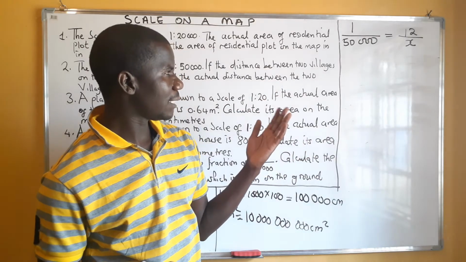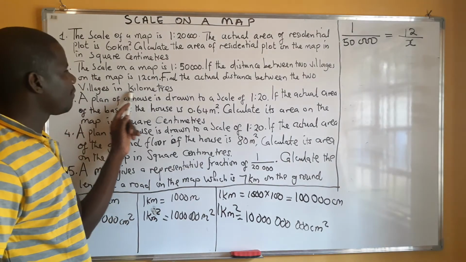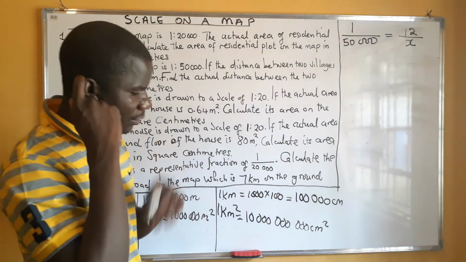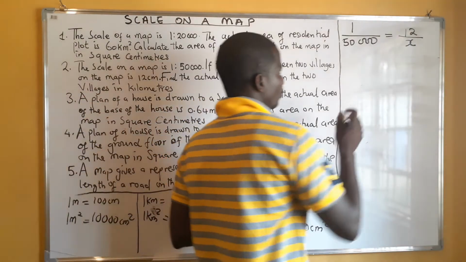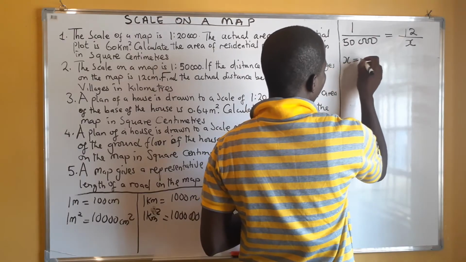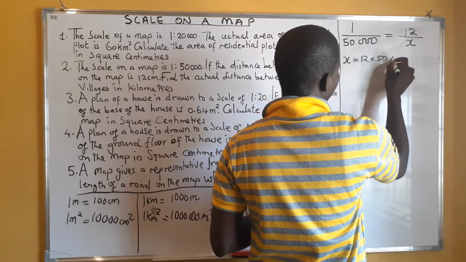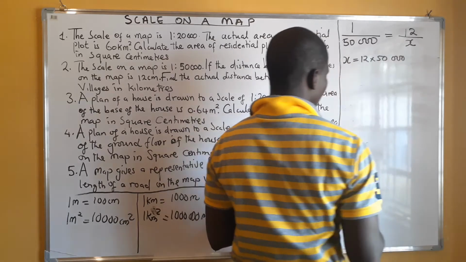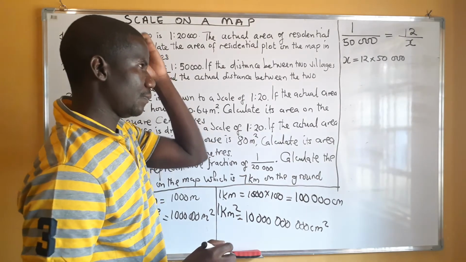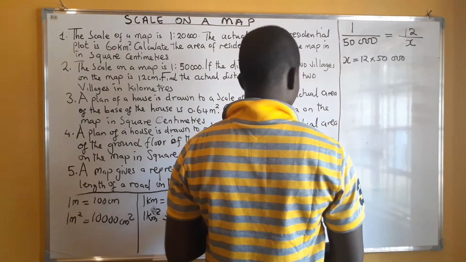So we cross multiply, and because we're supposed to give our answer in kilometers, at some point we will need to convert. So you cross multiply: 1 multiplied by x, we get x. Then 12 multiplied by 50,000. How do we get to multiply this one? It's easier if I can say, I hope you're following.